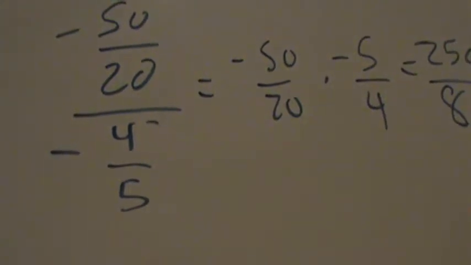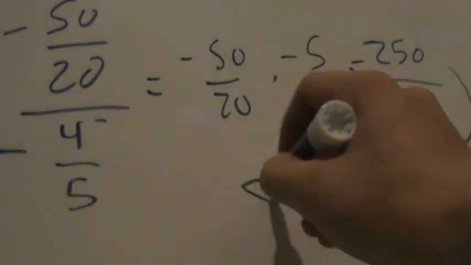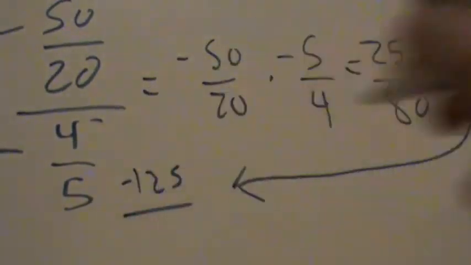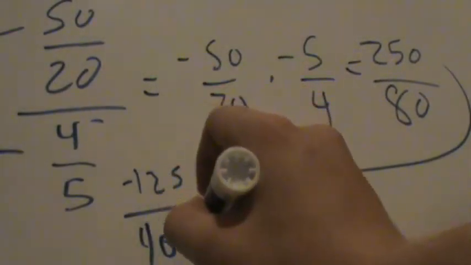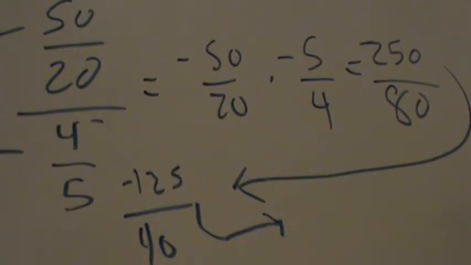Well, these share a common factor, and that common factor would be 5, but for here, let's just start out with 2 just to see what happens. If we divide 250 by 2, we'll have 125, and if we divide 80 by 2, we'll get 40. Well, let's go again. Let's now divide this by 5.